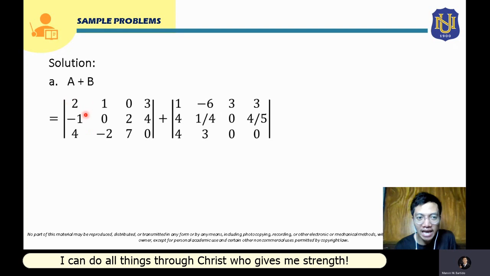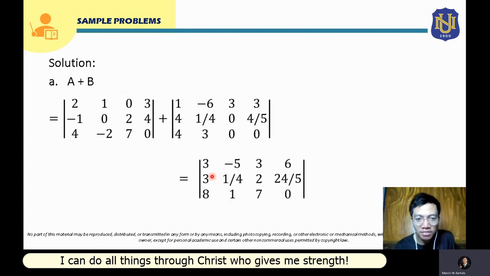Let's say this element, which is 2, its corresponding element in matrix B is this element, so this will just be 2 plus 1, which is 3. For the next element, that will be 1 plus negative 6, which is negative 5. Then 0 plus 3, that will be 3. Then we have 3 plus 3, that will be 6. For this element, this will be negative 1 plus 4, that will be 3. And we have 0 plus 1 fourth, that will be 1 fourth.